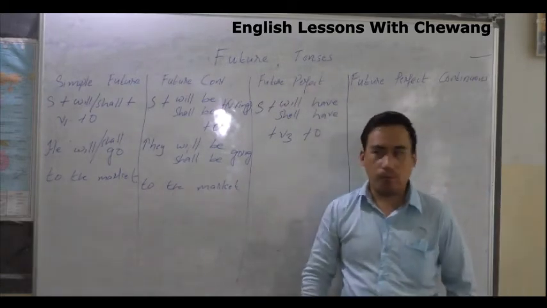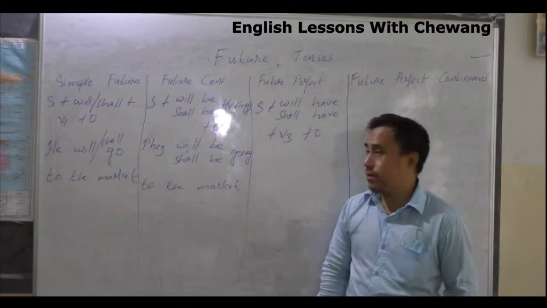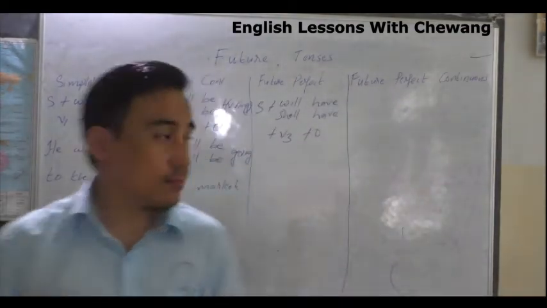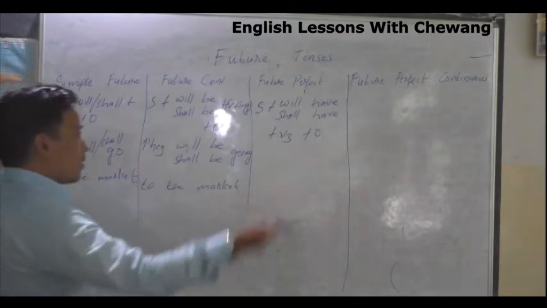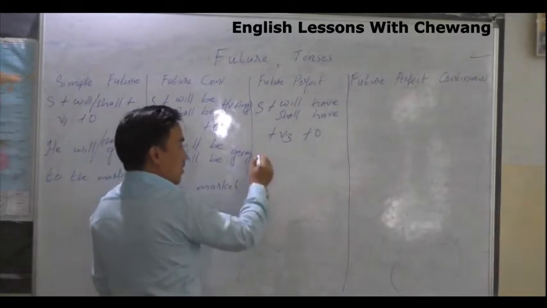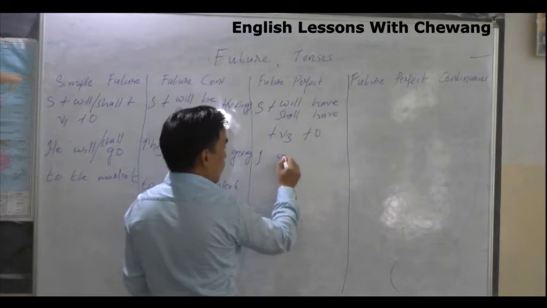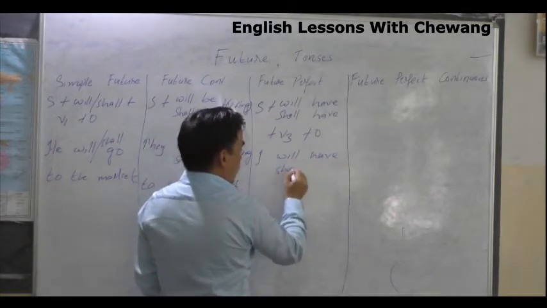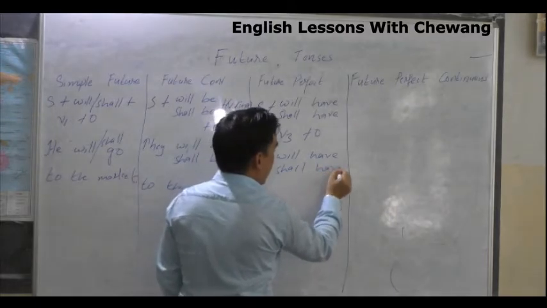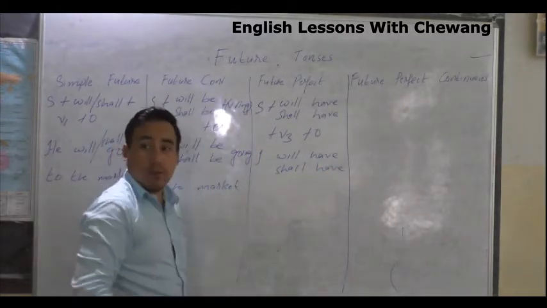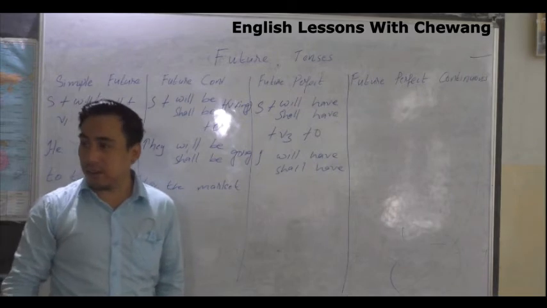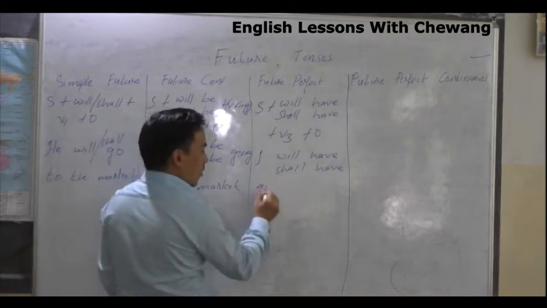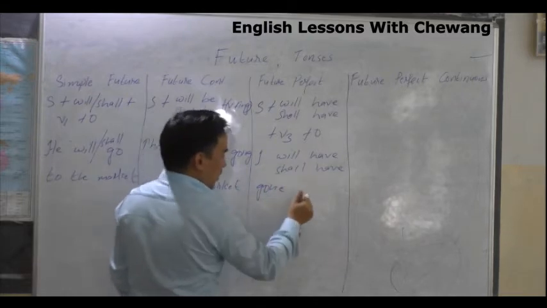The form. Okay. Now let's make it into a sentence. I will have or shall have, third form of the verb, go and gone. Gone, object to market.